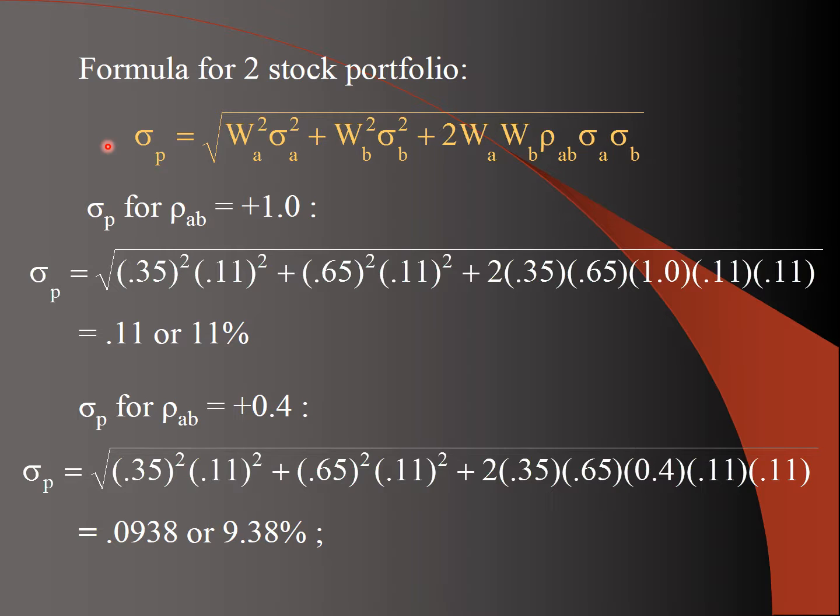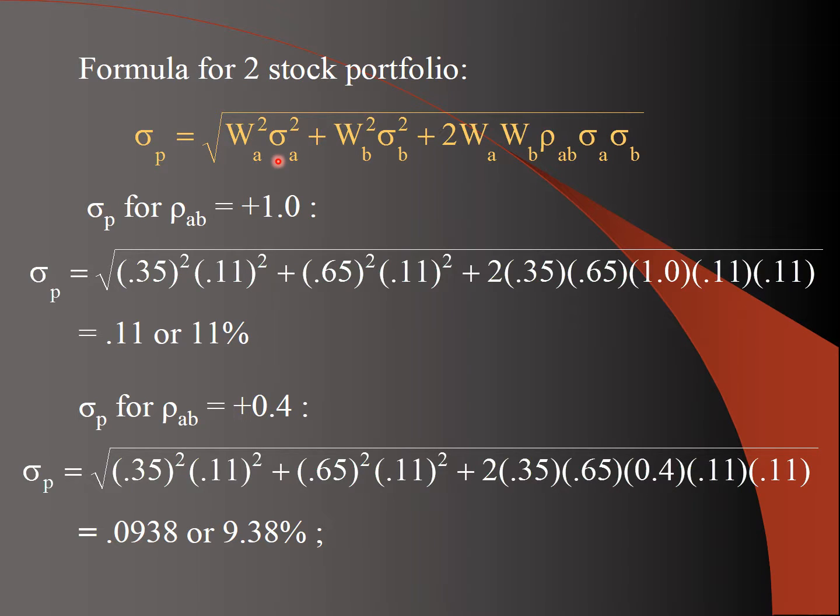But let's go through the terms because it's important to see what is impacting the variability of the portfolio. So first of all, we want the weight of stock A, and we're going to square that. The weight of stock A is the proportion of our money we have invested in stock A. So we're going to take that proportion and square it.